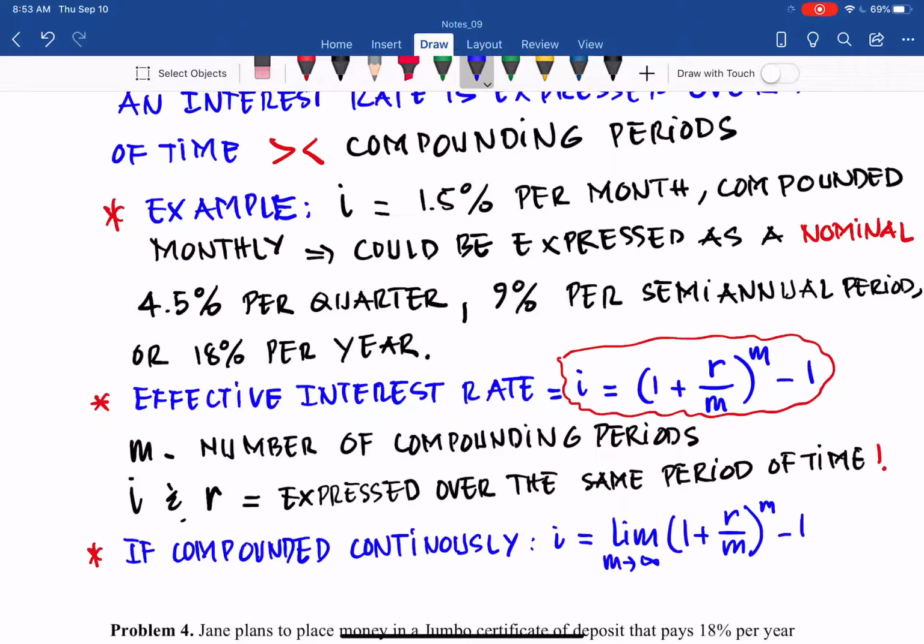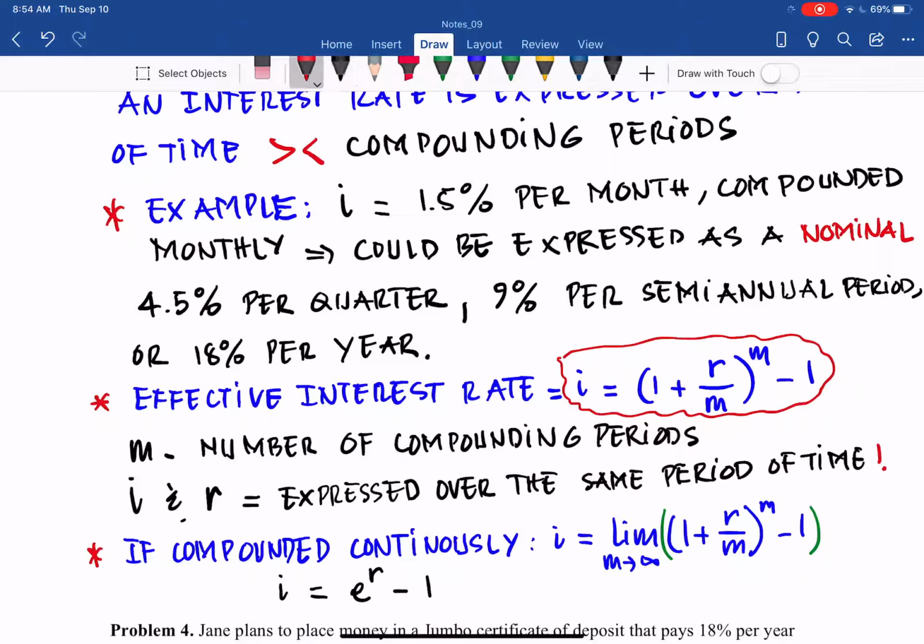And as you already know from calculus, the limit as M goes to infinity of 1 plus 1 over N, to the power N, is E. Review your calculus on this classic limit. So if compounded continuously, I equals E to the power R minus 1.